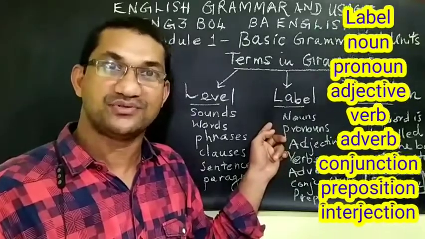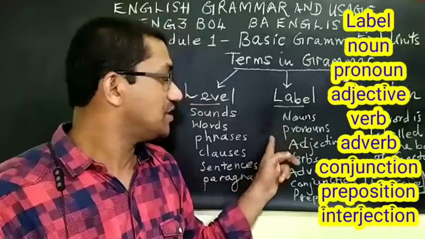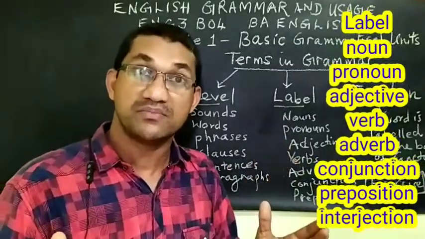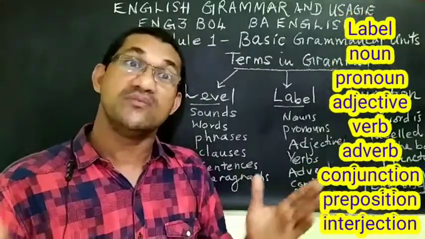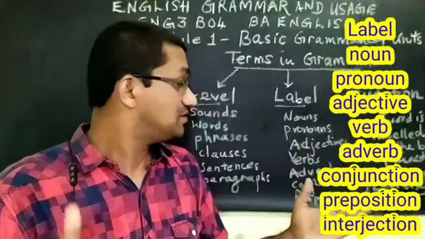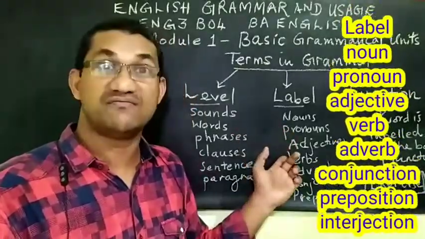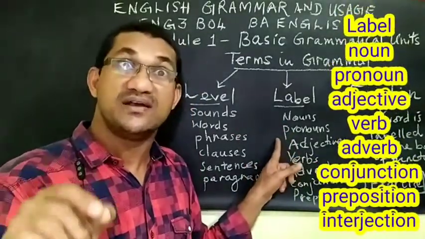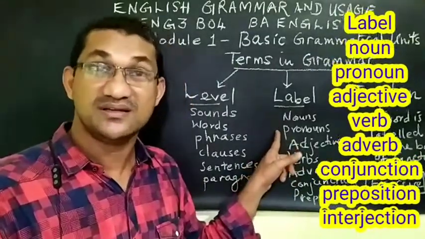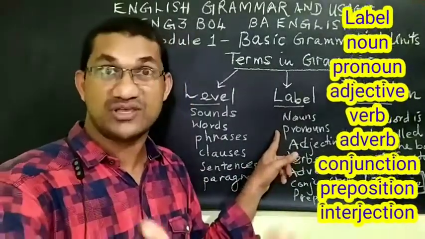Then we have pronouns, and a pronoun is a word that can replace a noun. First person pronoun, second person pronoun, third person pronoun. So these are different labels for different terms in grammar, in three categories.